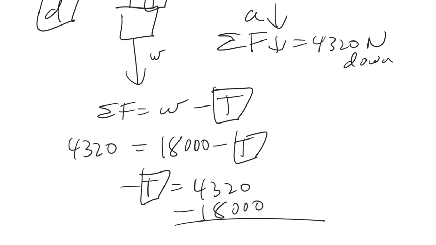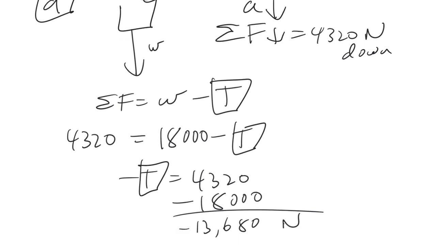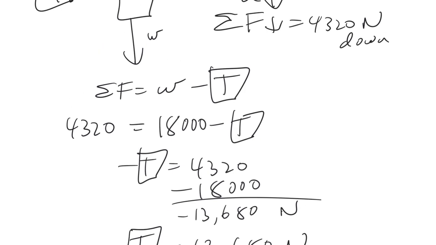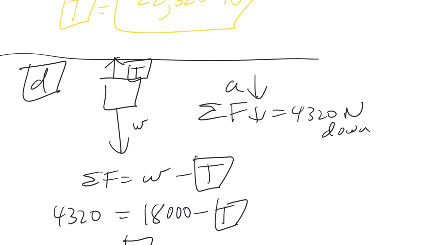So, 4320 minus 18,000, I get negative 13,680, which makes T equal to 13,680 newtons. Okay, these are very important for these kind of problems. Elevator problems are very important for the next unit when we talk about centripetal force of vertical circles.